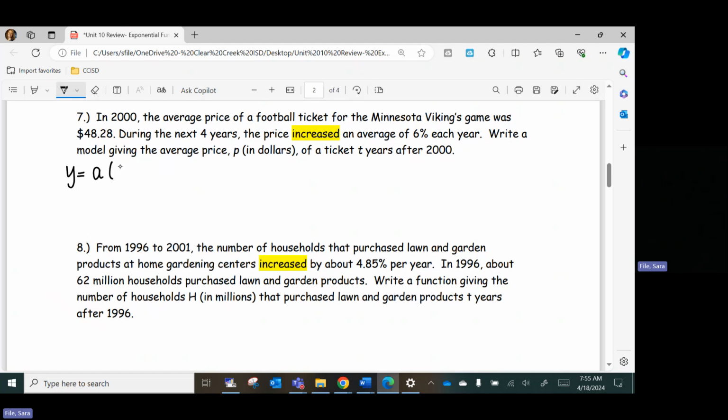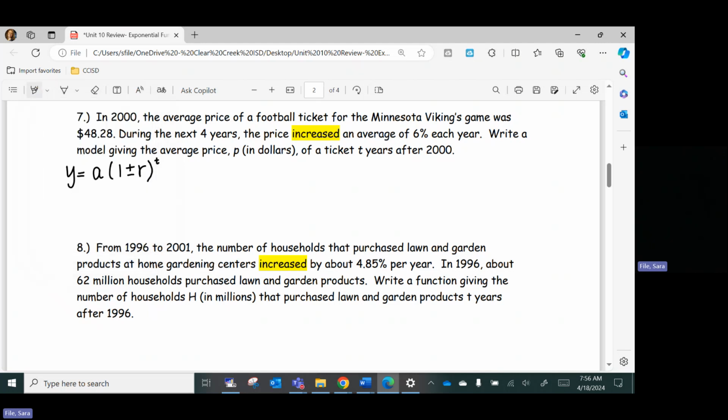Okay, and then you have 1 plus or minus your rate of increase or decrease here. Okay, and then we're going to be to the power of T or X, and that's representing your time. So let's try to find in this scenario what needs to get plugged in where.